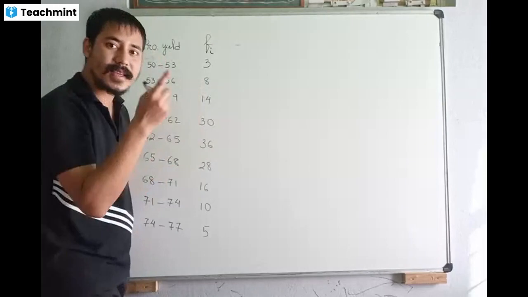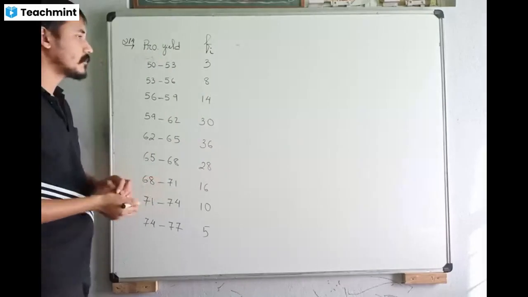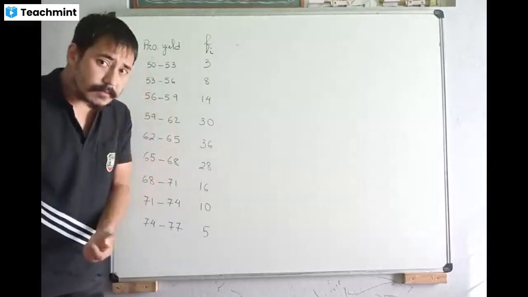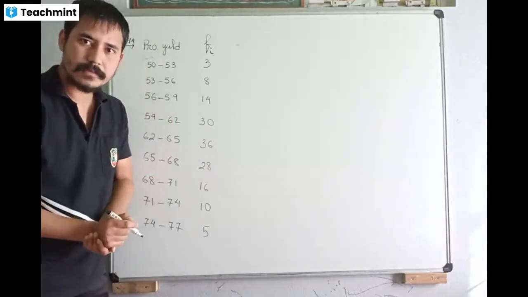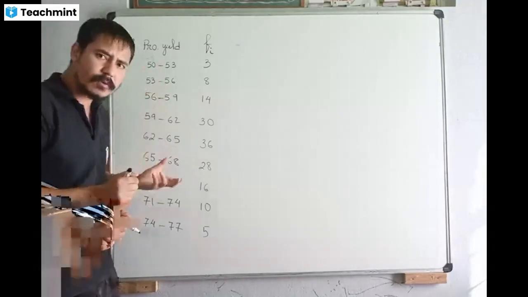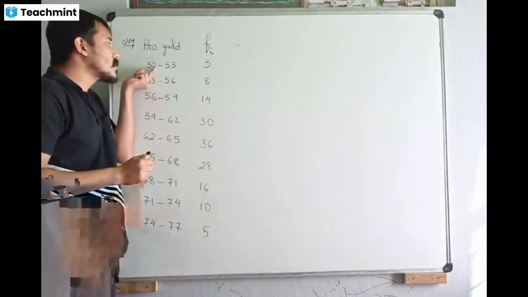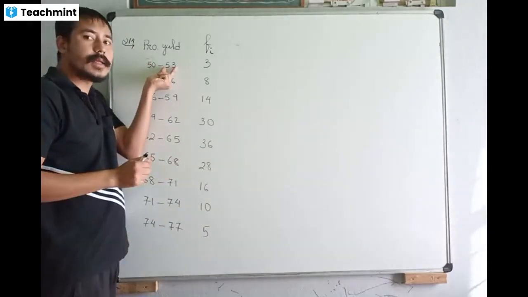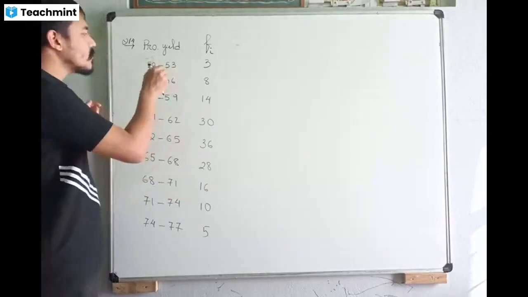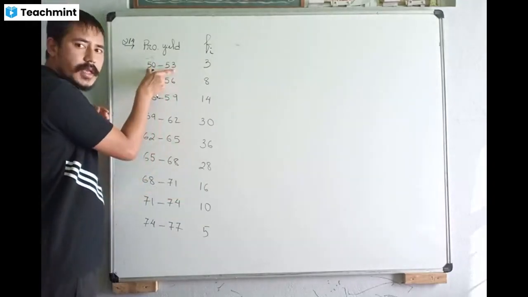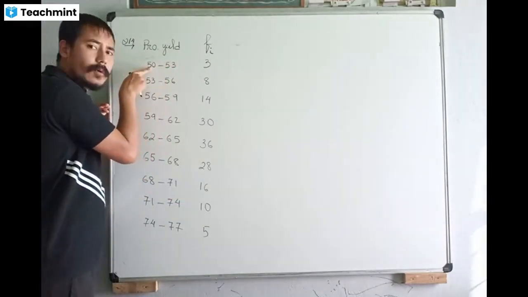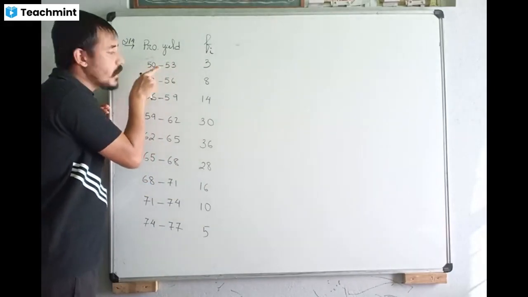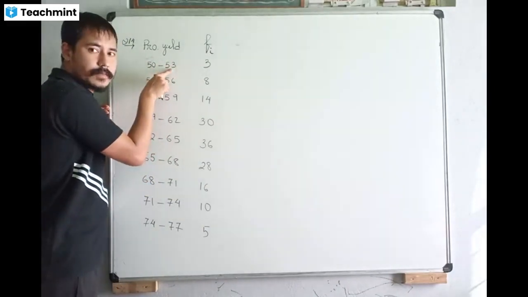In general, the items are given in groups. Each group has limits. In each group, there is a lowest item and there is a highest item.